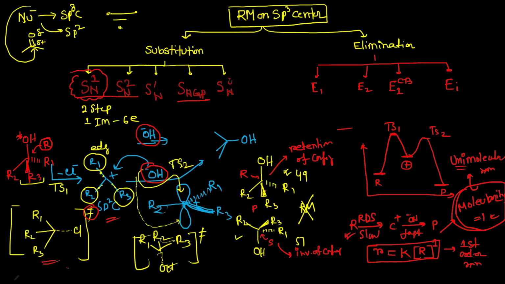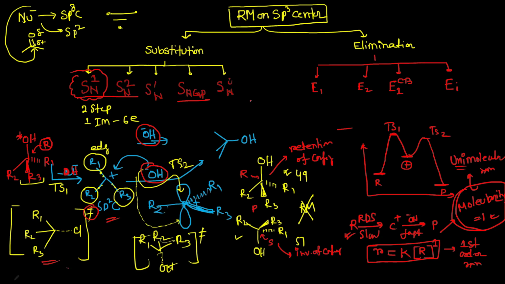So two products will form here, and I have told you that the OH will get removed in the first step, so one face will be preferred. That's why one of these two will generate a little bit more. Okay, that's fine. So this is our SN1 reaction.